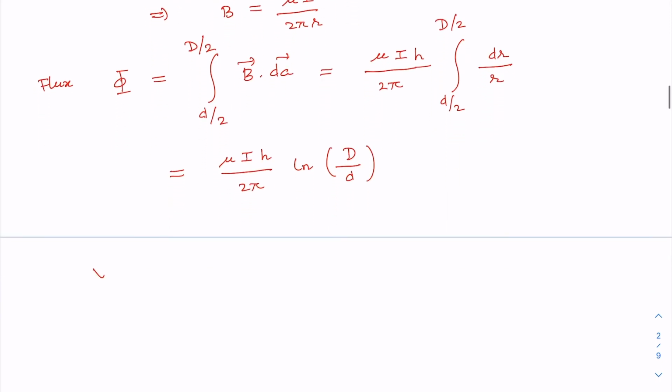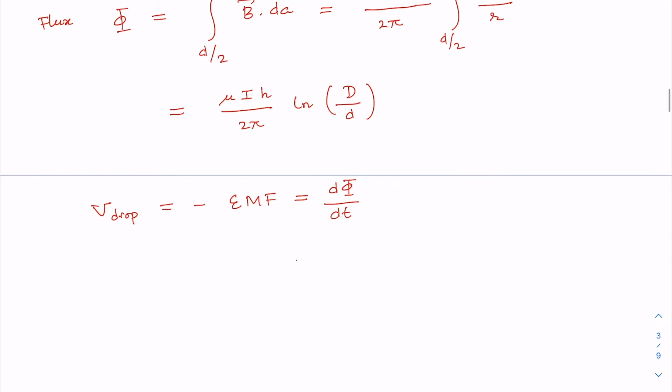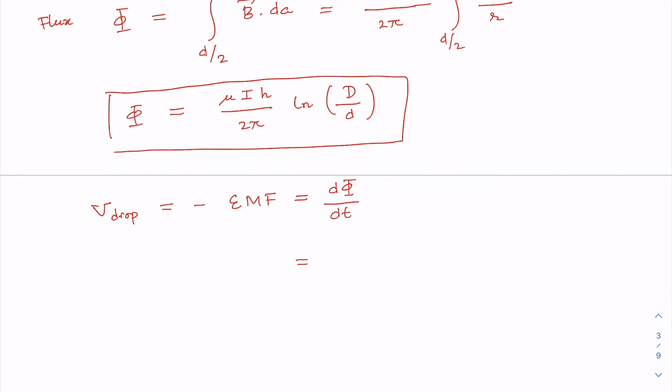Now what is the voltage drop? The voltage drop is actually the EMF, which is equal to minus d phi dt. If I know the expression of phi, let me utilize it, and I will get mu h by 2 pi logarithm of capital D by small d times dI dt.